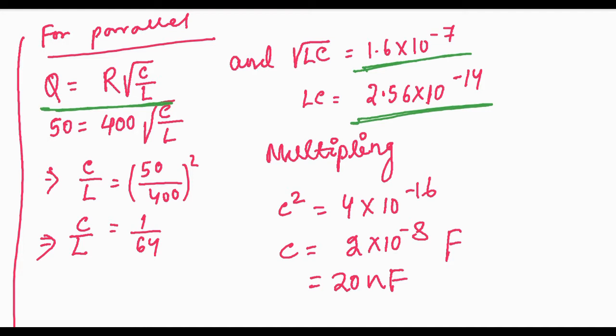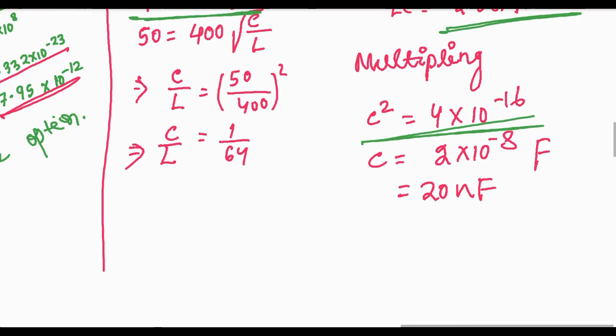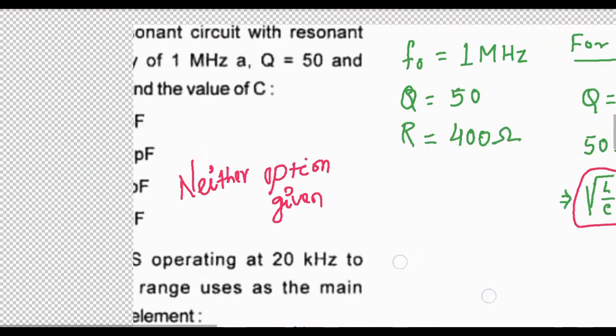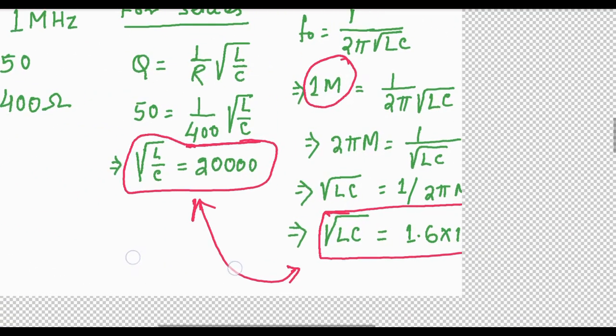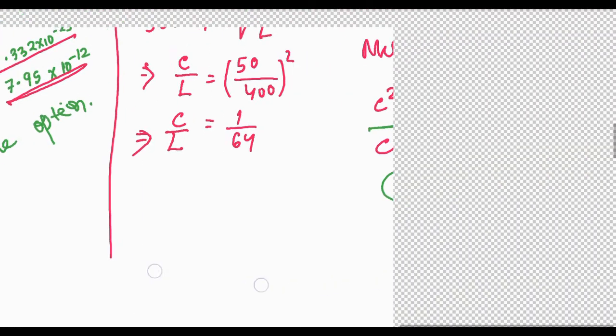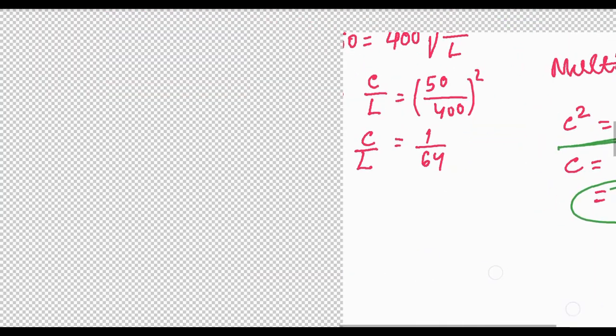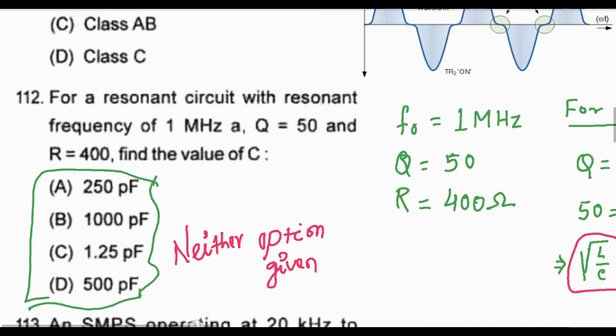If we multiply this, L will be cancelled out, and C square will be 4 into 10 to the power minus 16, and this is 200 nanofarad. So nothing is given about this one. 200 nanofarad is also not given. So for the series RLC circuit this will be 8 picofarad, and for the parallel circuit this will be 20 nanofarad, and nothing is given in the options.